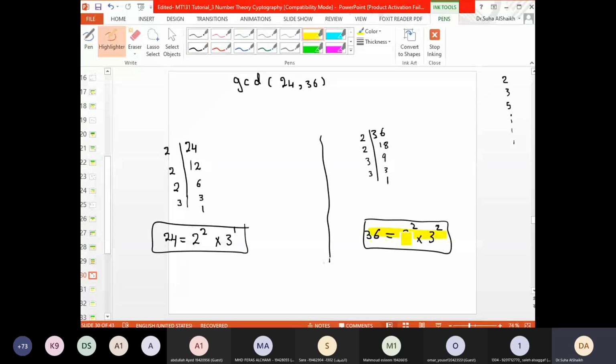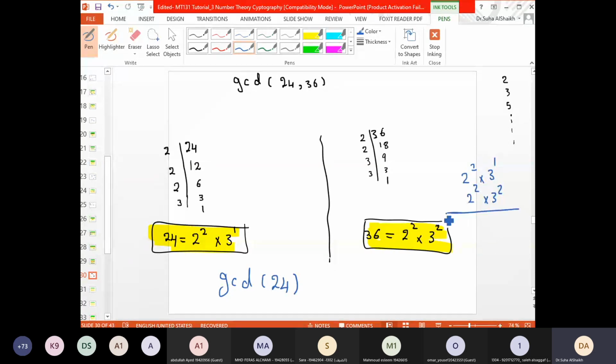Now how can I find the GCD? The GCD between the two numbers, I put the two numbers on top of each other. The factorization of the two numbers, one above the other. I have here 2 power 3 and 3 to the power 1, and the second number is 2 to the power 2 and 3 to the power 2.